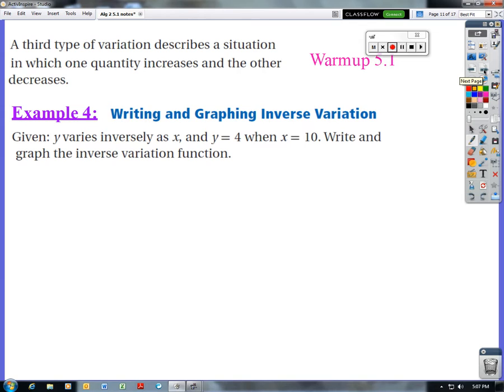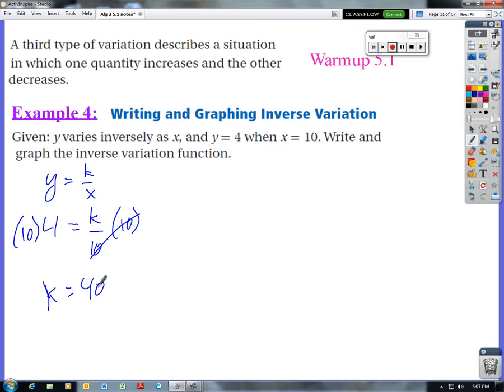Try this one by yourself. I want you to write it and graph it. Okay, I'm going to do this one fast. We have this equation, y equals k over x, and it tells us that y equals 4 when x equals 10. So when I solve for k, I multiply 10 to both sides, and we get k equals 40.